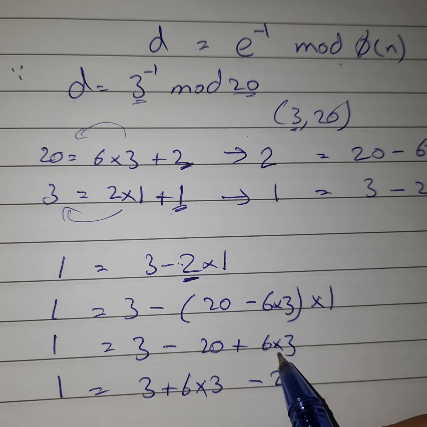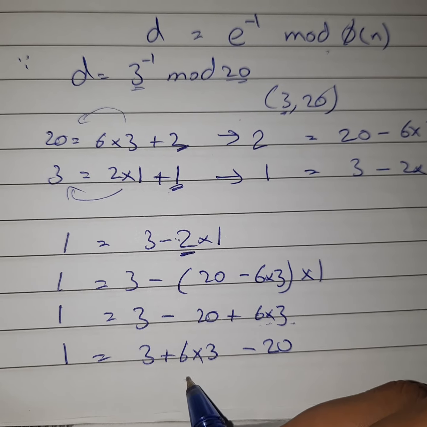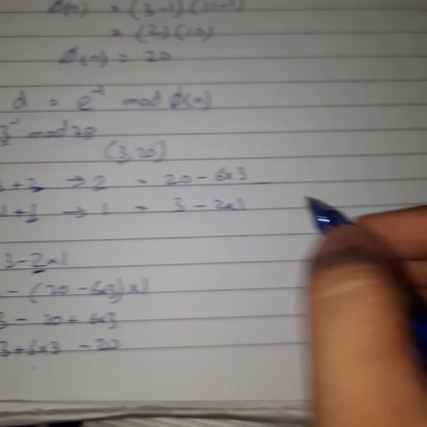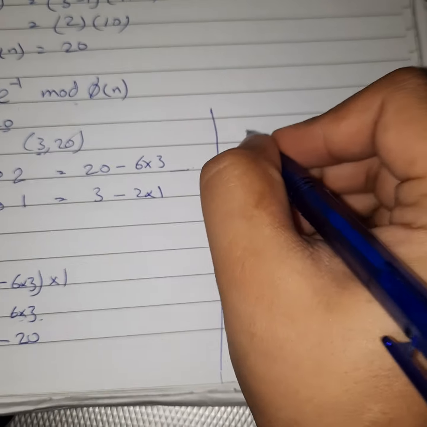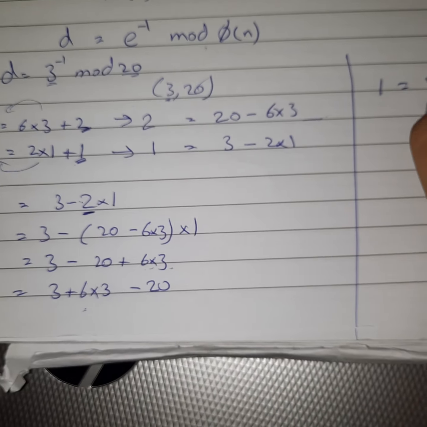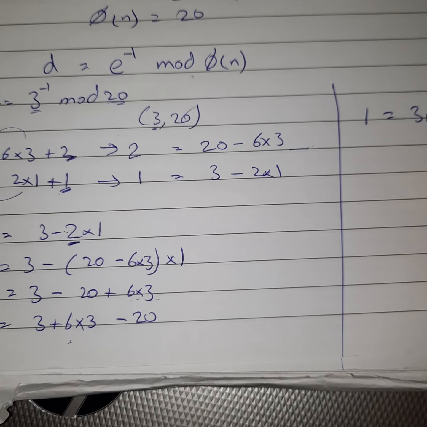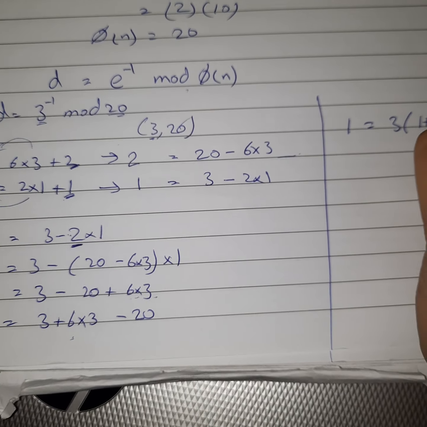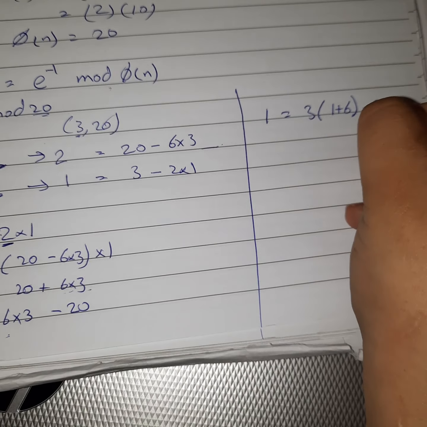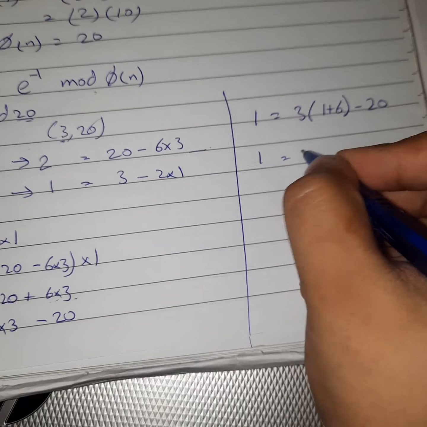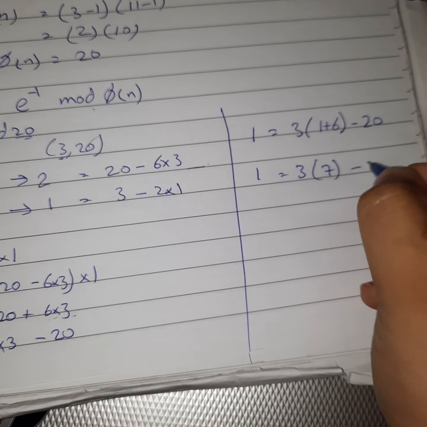After opening it up, we will take 6 into 3 and 3 altogether because it has a common number 3. So 1 is equal to 3 into (1 plus 6) minus 20. So 1 is equal to 3 into 7 minus 20.